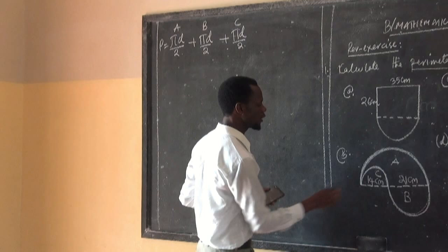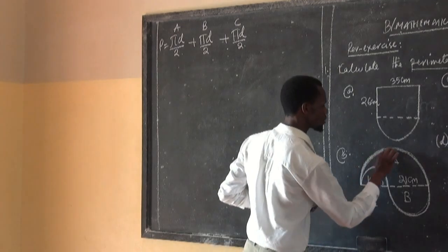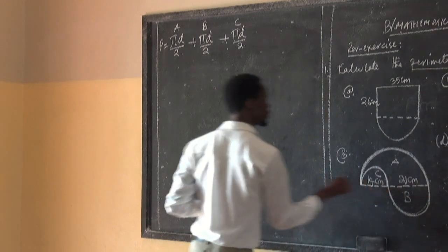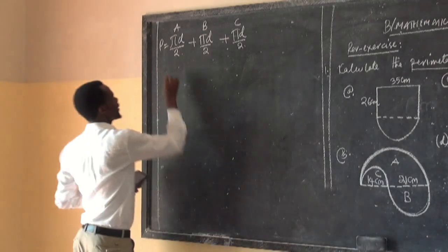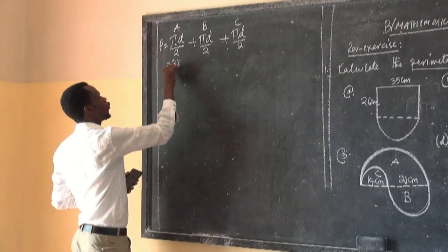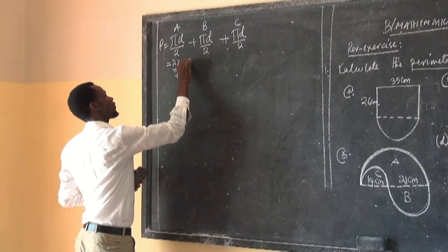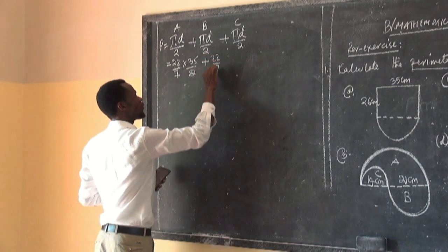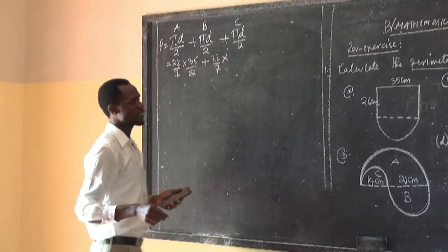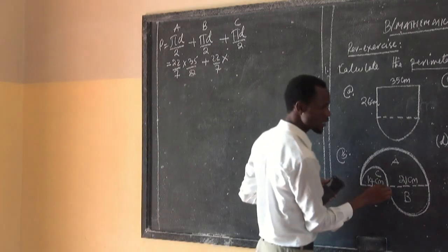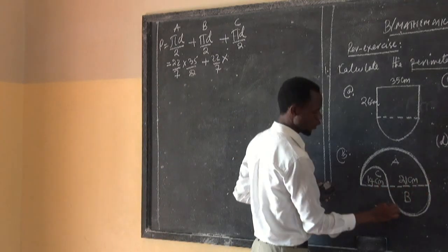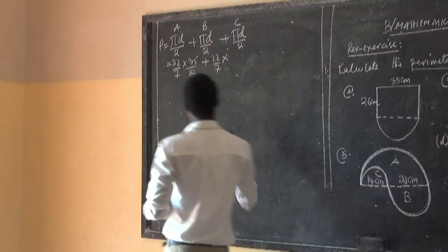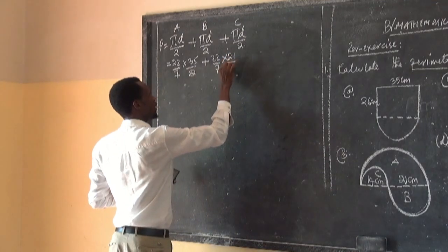Now the diameter for the first semicircle is 21 plus 14, which is equal to 35. Now here it is 22 over 7 times 35 over 2 plus 22 over 7 times the diameter for the second semicircle, which is equal to 21, times 21 over 2.